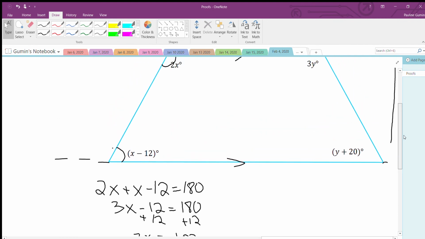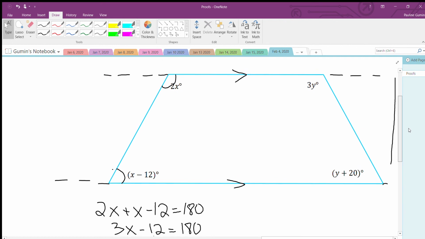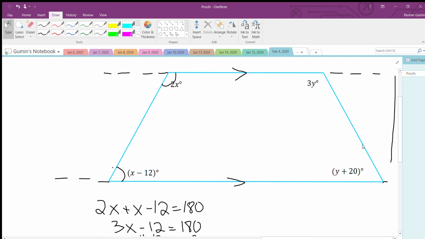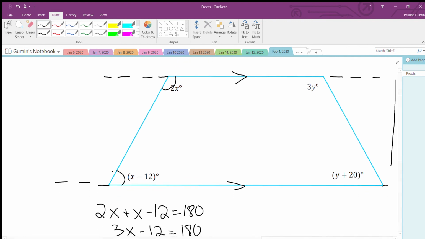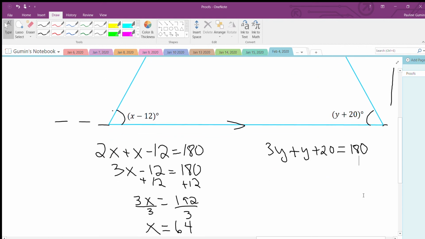If you take a look at 3y and y plus 20, they are also on the same side of this blue transversal, and they're same-side interior angles, which means they too add up to 180. Let's solve this and we should be done.